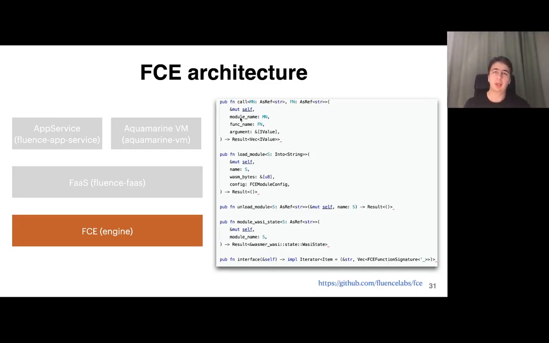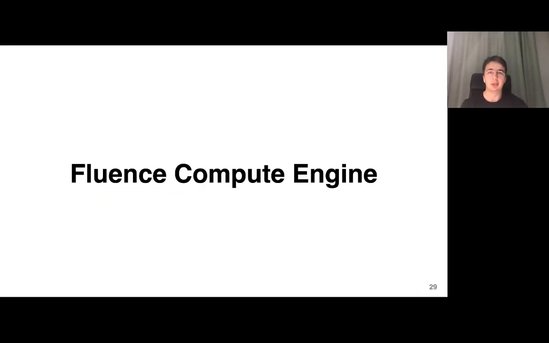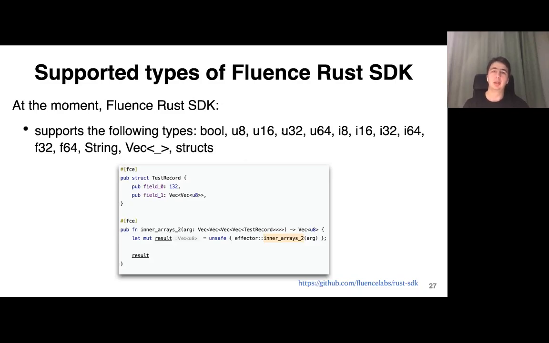And of course, you can call a module by module name, and call a function inside this module, referenced by the module name, with the special arguments. Here you can see the type IValue. IValue stands for an enum that combines several IValue types like strings, vectors, and arrays that you can see here.